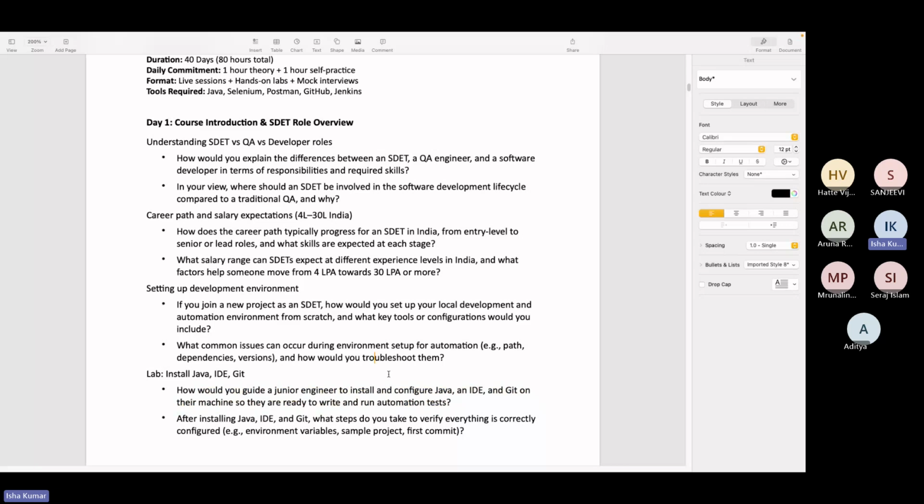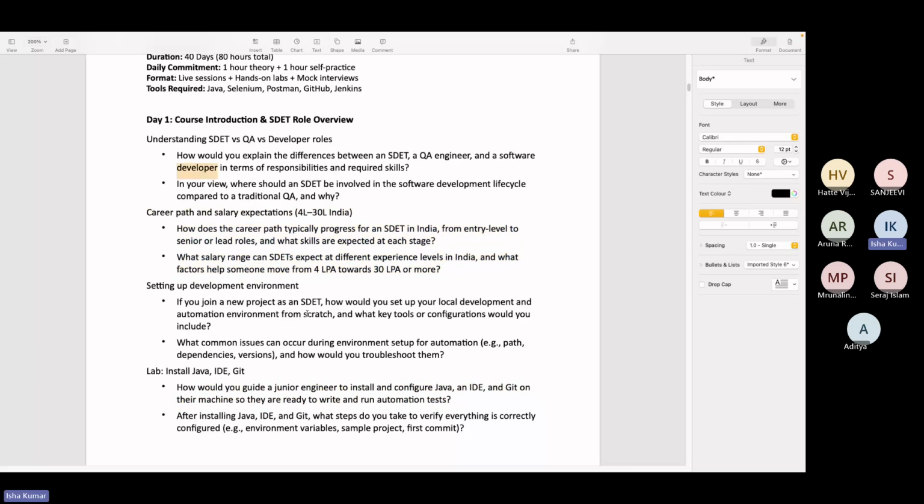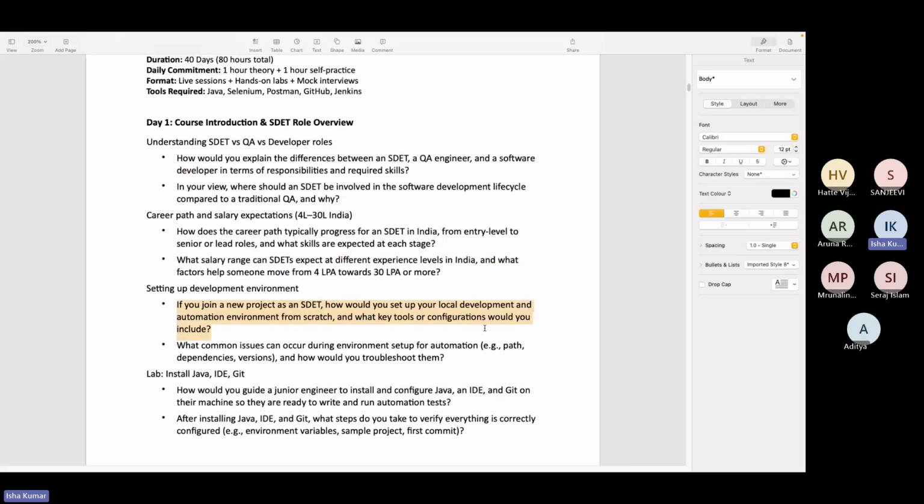That is the kind of practical questions you will get. The basic things, like what a package is and the difference between QA, SDET and developer, you might already know. This is the question to set up things on your local laptop.